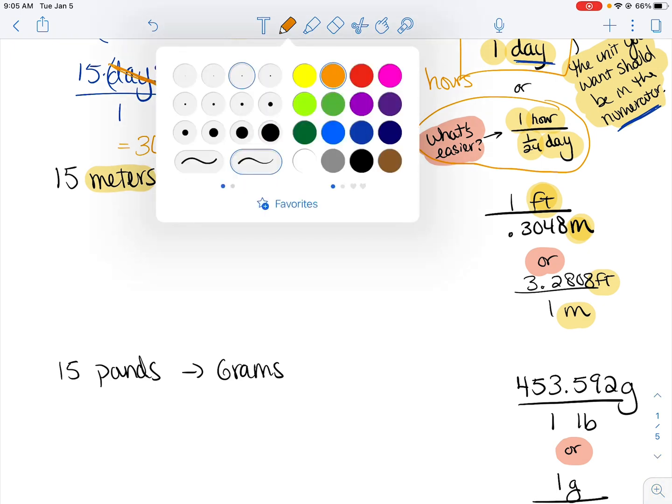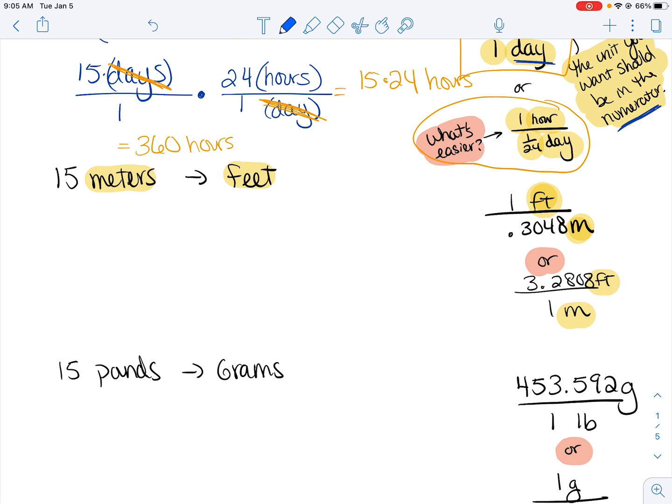Okay, so hopefully you've had a chance to try it. Now let's check it out. 15 meters is what we're starting with. The abbreviation for meters is just M. I always use the abbreviation when we're doing the actual calculations, simpler. I'm going to multiply that by, and again, I could choose 1 foot over 0.3048 meters or 3.2808 feet in 1 meter.